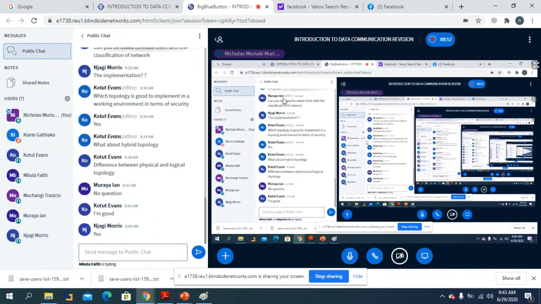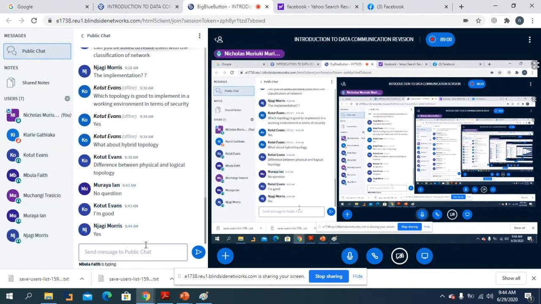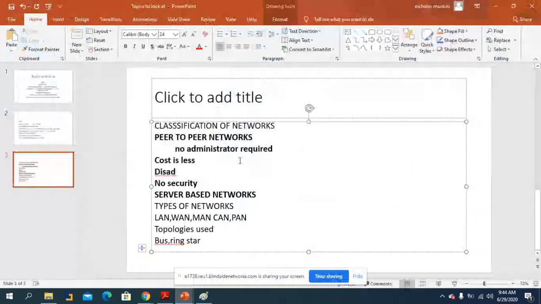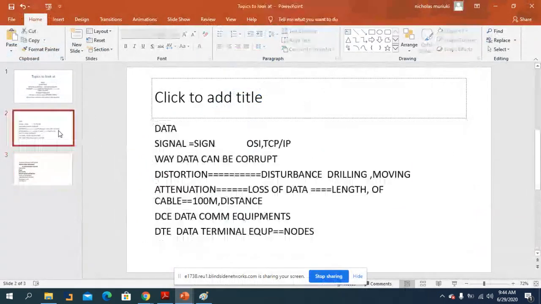So I want to give you an assignment that I want you to do right now. I know there are some people who have not gone through the question papers. So for those question papers that you have, can you go through them? I have only received some information from Evans. These are the ones that we'll be covering from next time, and we'll start from subnetting.